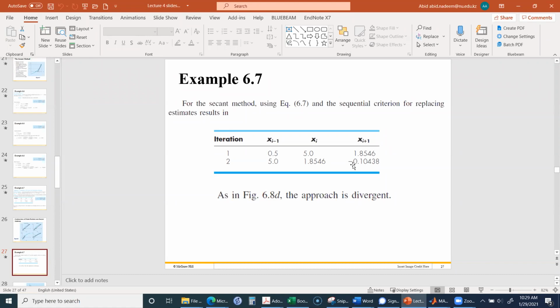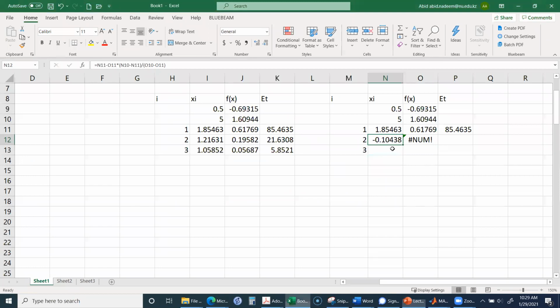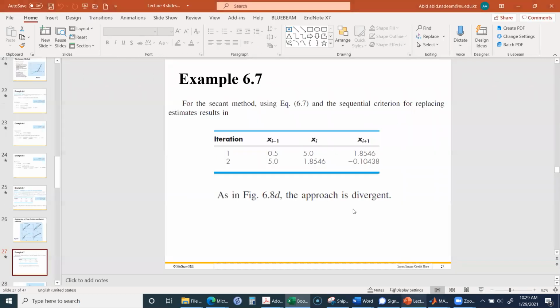And then for this value, you can see that even the function log of x is not defined. That's why I get the numerical error over here. So simply speaking, by doing this approach in the secant method, the solution is not converging. It means that the secant method will fail in this case. So the solution will be divergent.